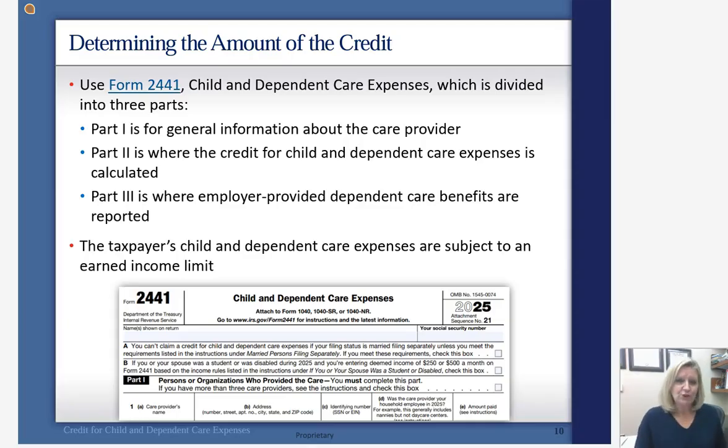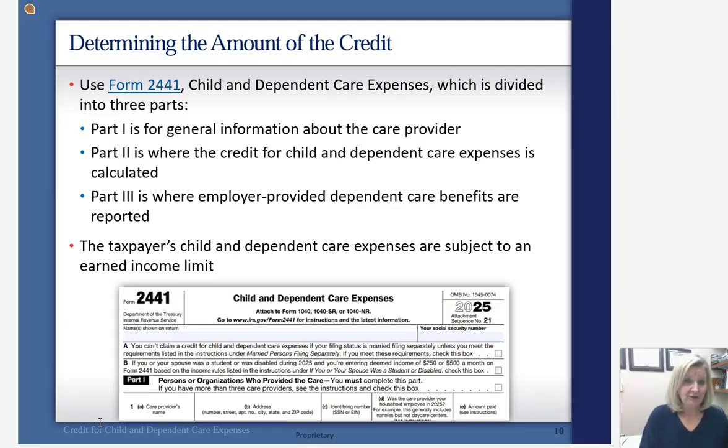So if you need to show the client how the credit was calculated and that all of the information is provided on the return, you can show the client Form 2441, which will be filled out by TaxSlayer before you finish up the return.